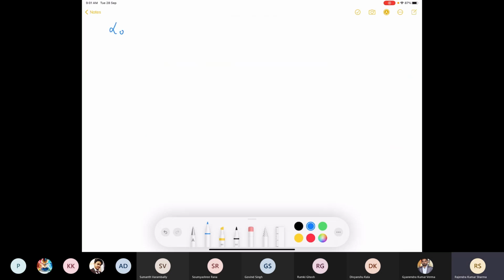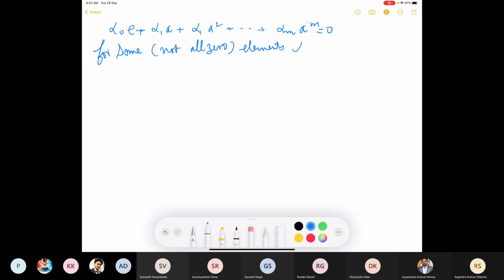alpha naught e plus alpha 1 a plus alpha 2 a square plus up to alpha m a power m is 0, for some elements alpha naught, alpha 1, up to alpha m in F, not all zero.